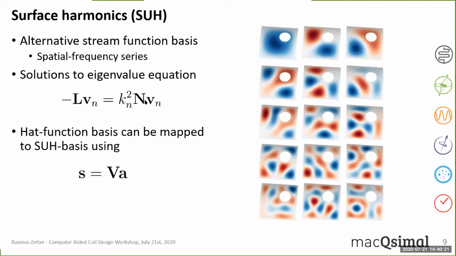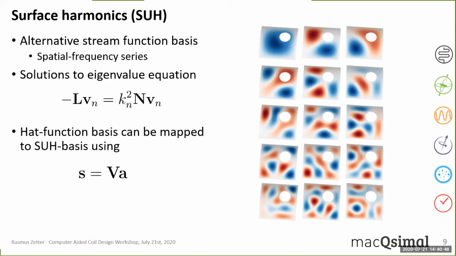Then you have a mass matrix of the mesh, and then Vn again. And the hat function basis can be mapped to this surface harmonics or SUH basis using a linear mapping. So this large V is the matrix that's composed of all the different Vn's. And then A is simply another representation of the S vector.